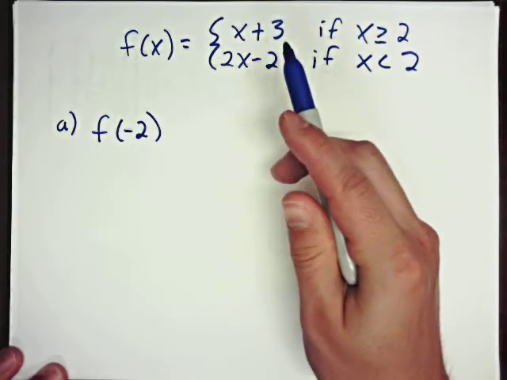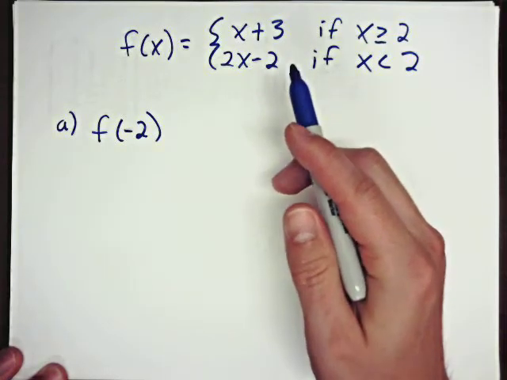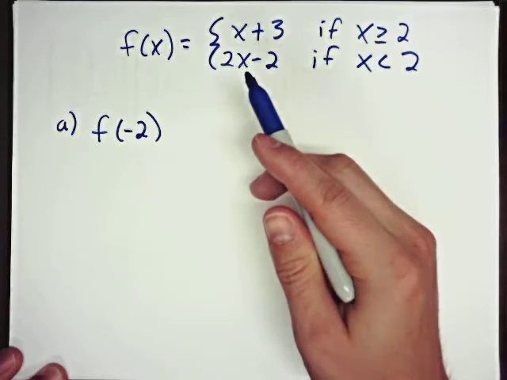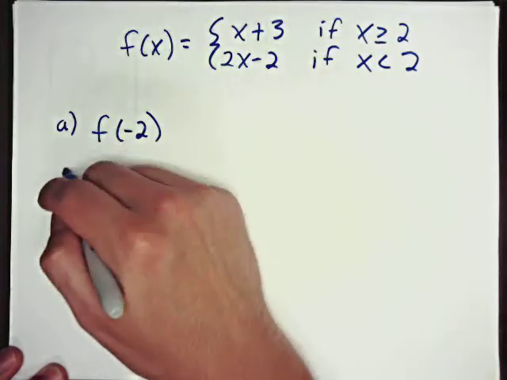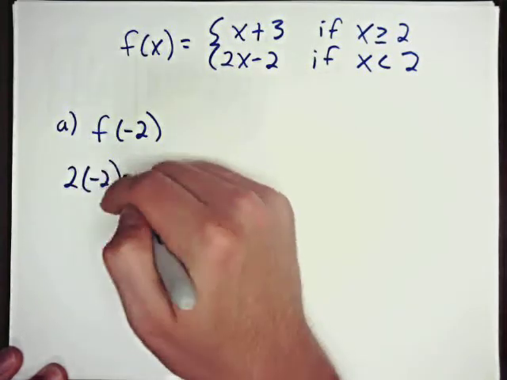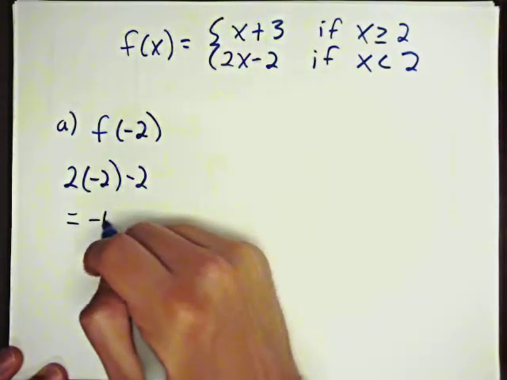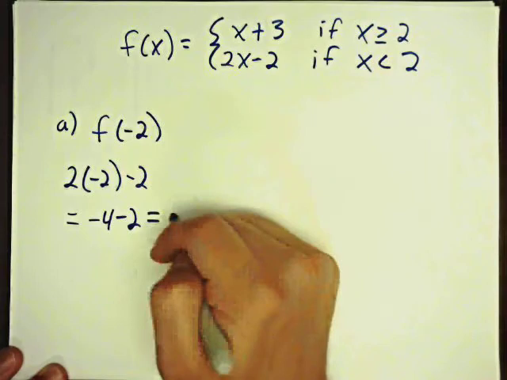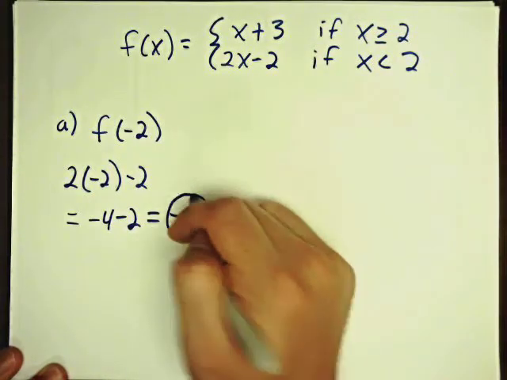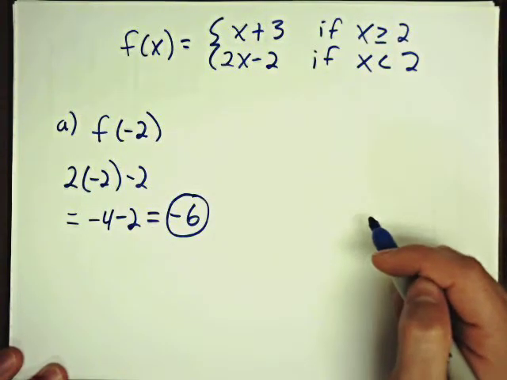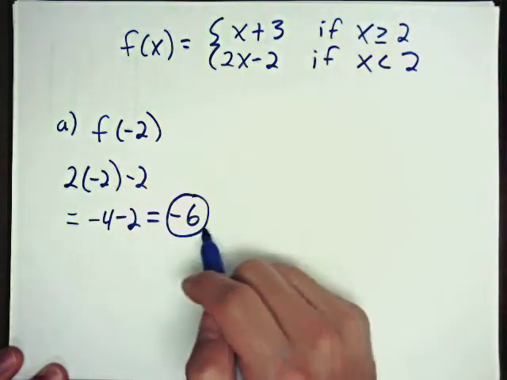And for part A, we won't use the first equation at all. So we want to put negative 2 into 2x minus 2. 2 times negative 2 minus 2, and that's equal to negative 4 minus 2, which is negative 6. So when x is negative 2, y is negative 6.